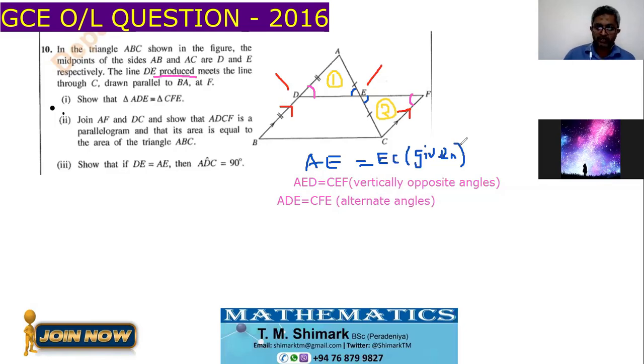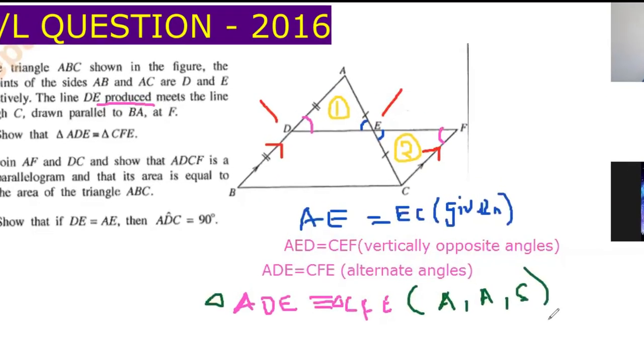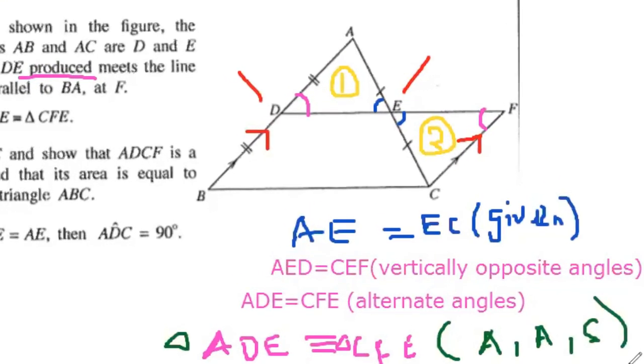Then what is the reason for these two triangles to be congruent? AAS. But there is something special about the side; we have to be very careful about it.